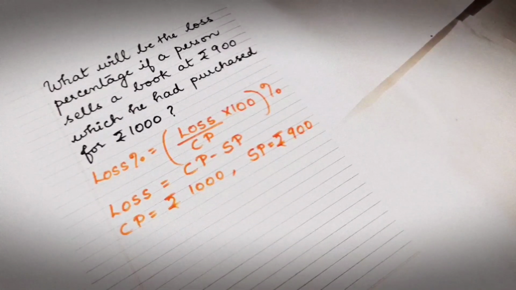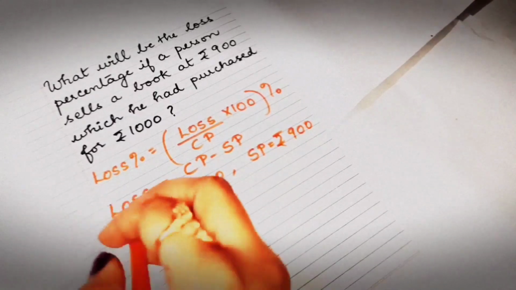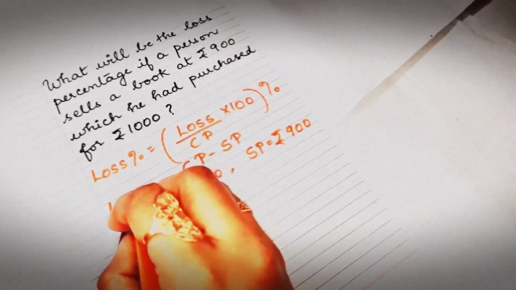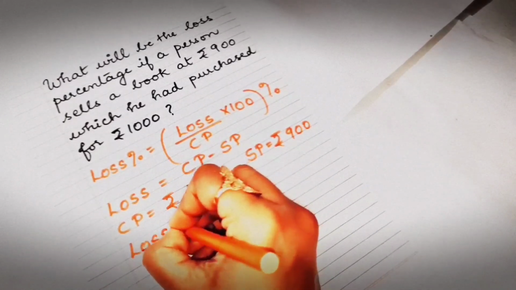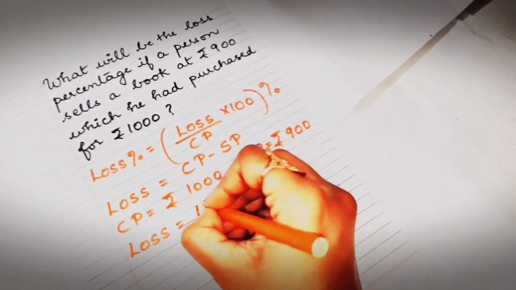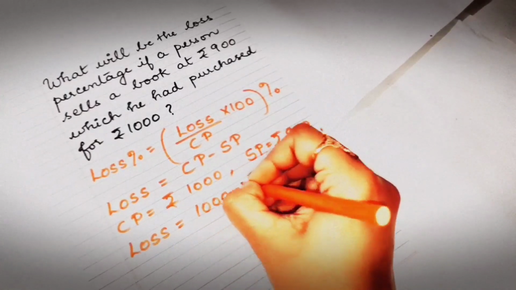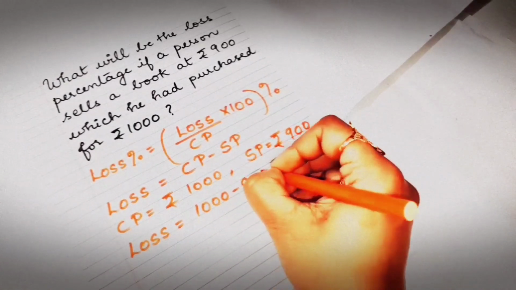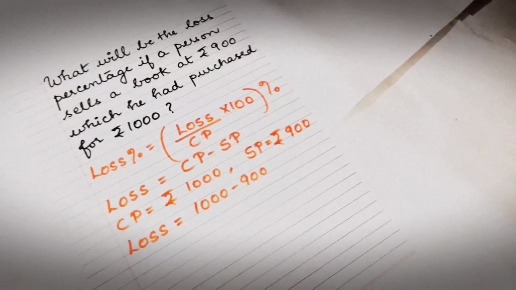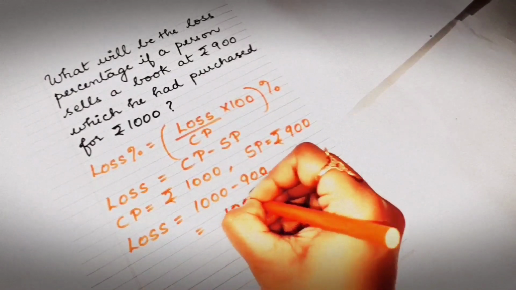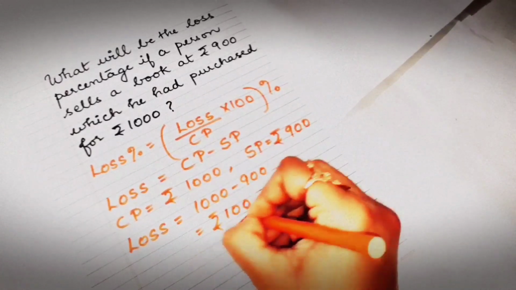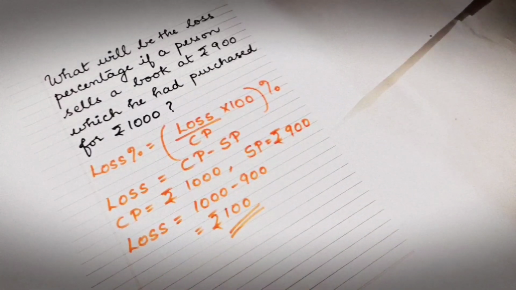So substituting these values in the above formula, we get loss is equal to 1000 minus 900, which is equal to 100. As a result, we can say that the person incurred a loss of rupees 100.